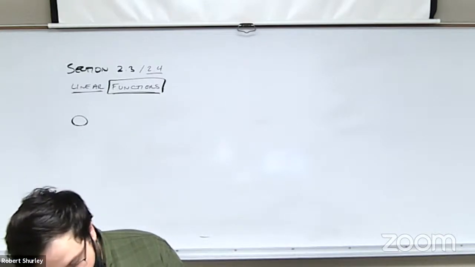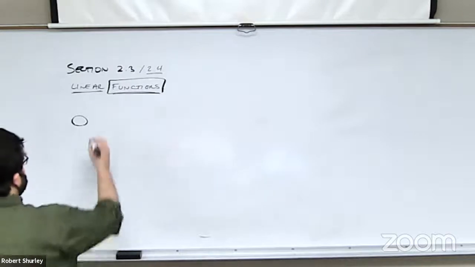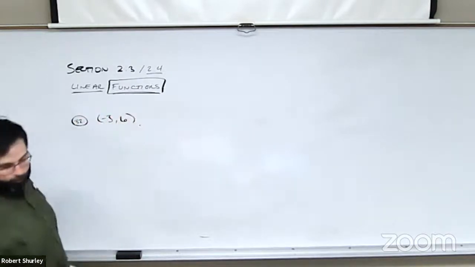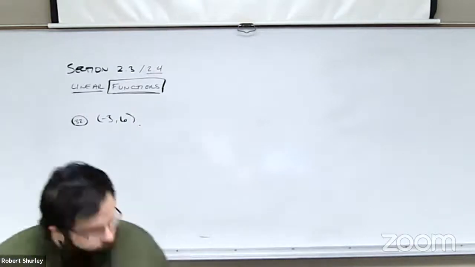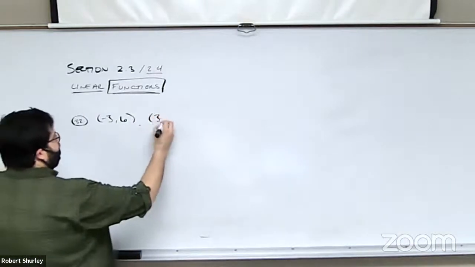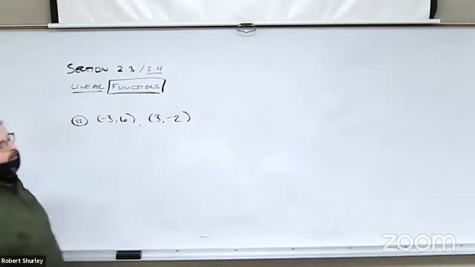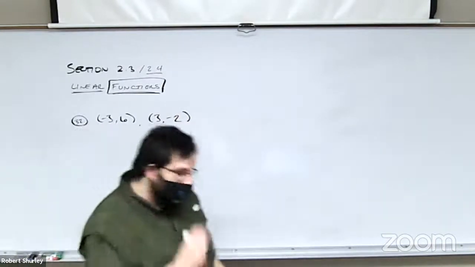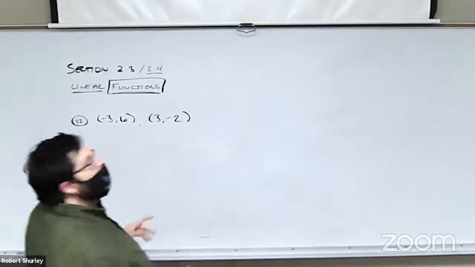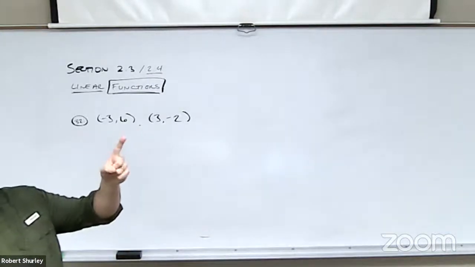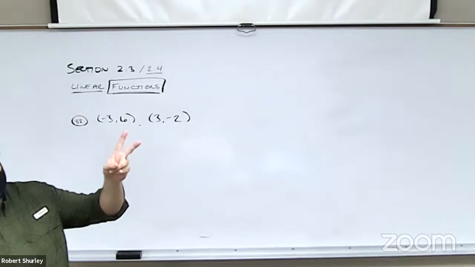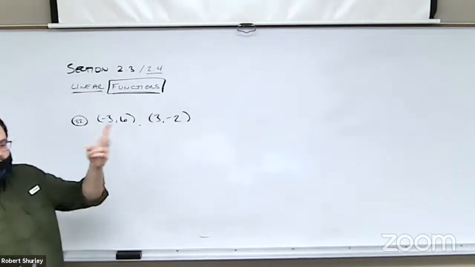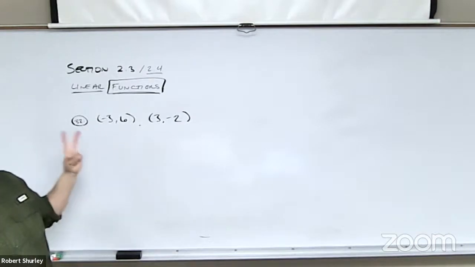Let's say this is number 32, (-3, 6) and (3, -2). So all they're giving us now are 2 coordinates, but they ask the same exact question. They ask us to put it in point slope form, and then in slope intercept form. So if we want point slope form, now we've got 2 points.